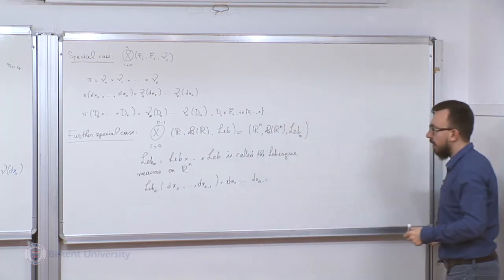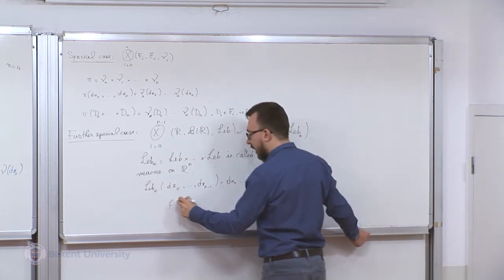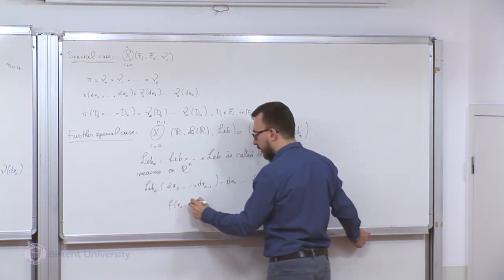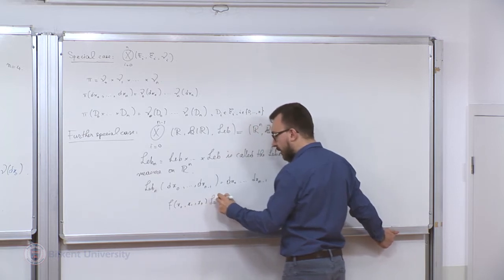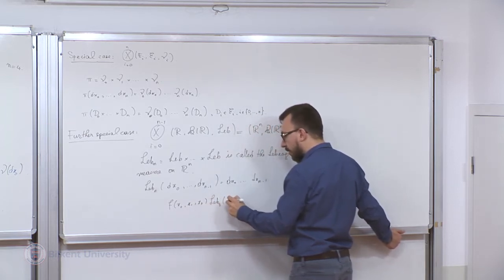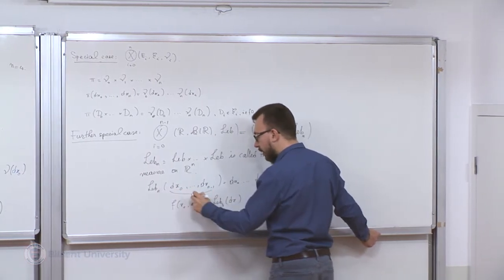So for instance, if you have, let's say, f of x0, x1, x2, and you need to integrate it with respect to the Lebesgue measure on the three-dimensional space, let me write just dx for this.